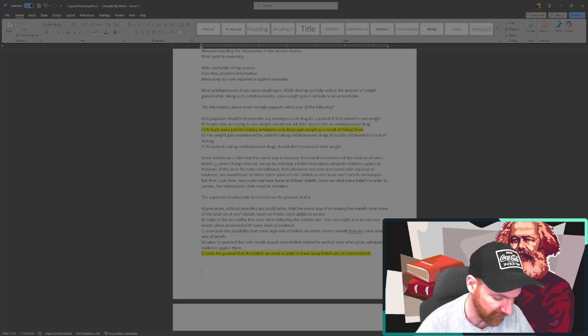However, if this were the only rule one followed, then whenever one were presented with any kind of evidence, one would have to either reject some of one's beliefs or else leave one's beliefs unchanged. But then, over time, one could only have fewer and fewer beliefs. Since we need many beliefs in order to survive, the statistician's claim must be mistaken.